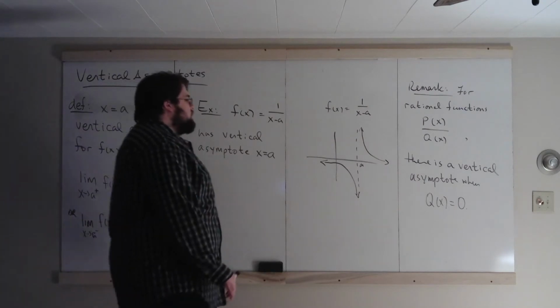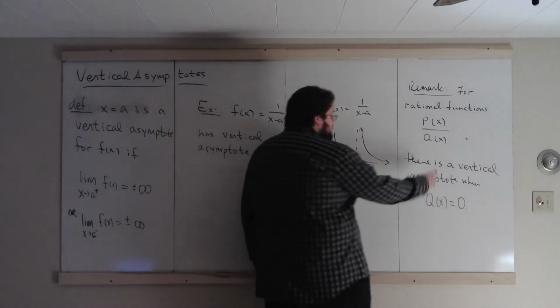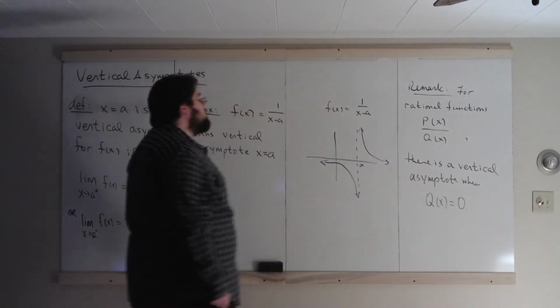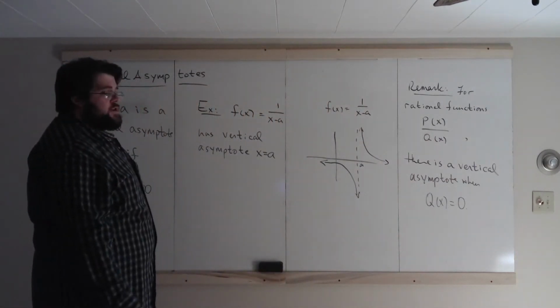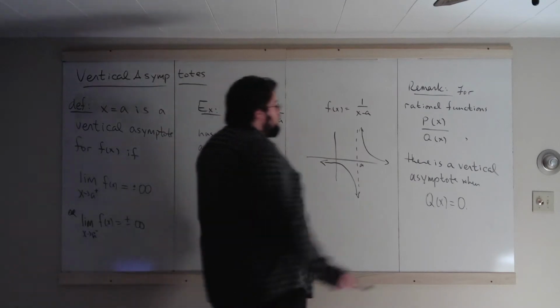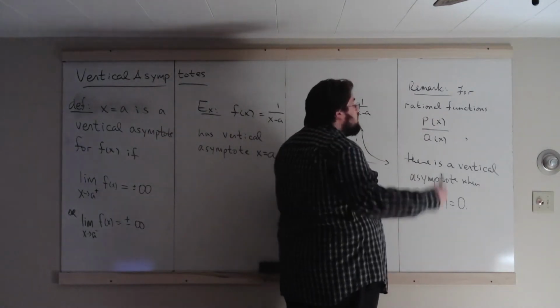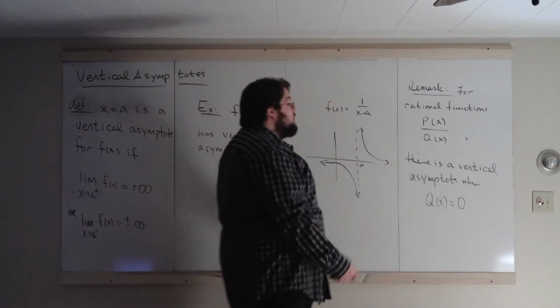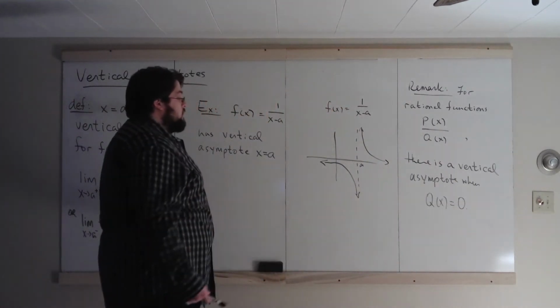But for rational functions, there is a vertical asymptote when the denominator equals 0. We could also throw a square root on the top or the bottom, and the same result holds where there is a vertical asymptote where the denominator equals 0.